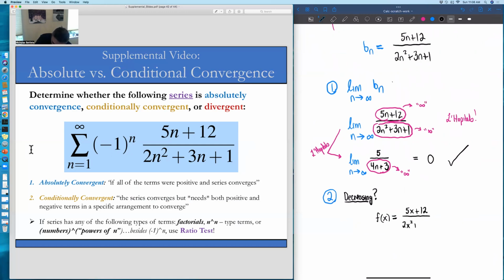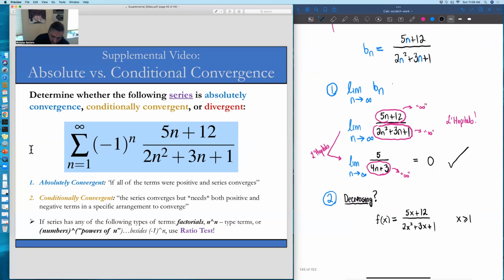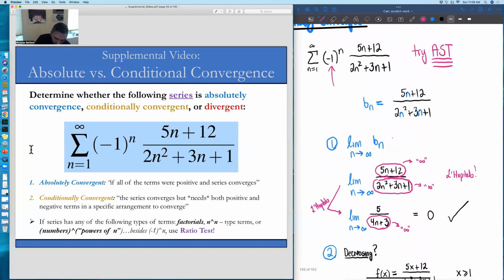The reason is that in the original series function, n is an integer that we're putting in, whereas we're thinking about x as any real number. In this case, we want x greater than or equal to 1, because that is where our series starts and goes to infinity.